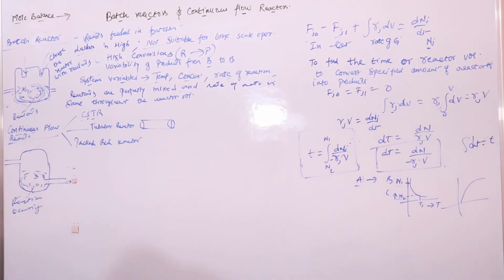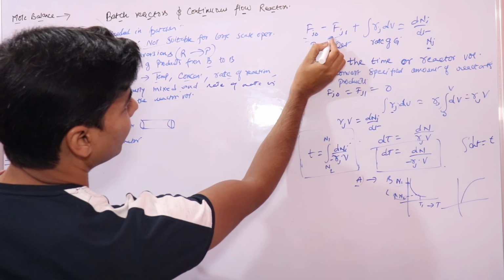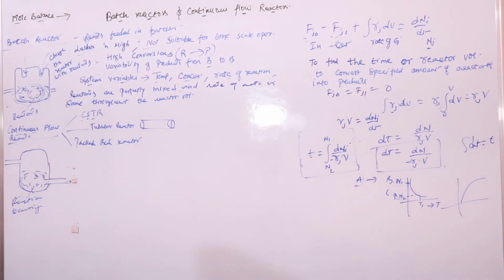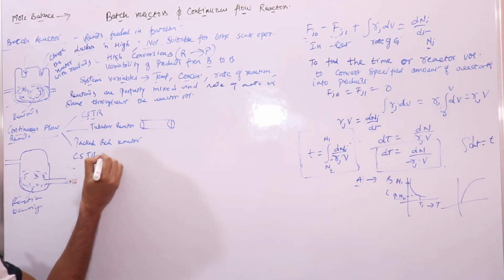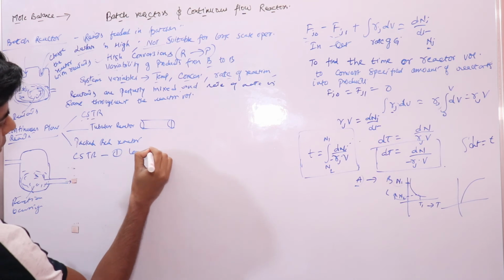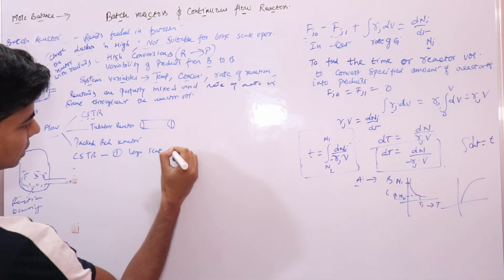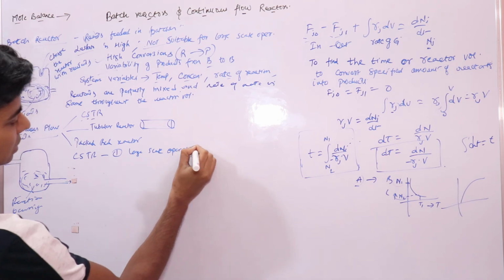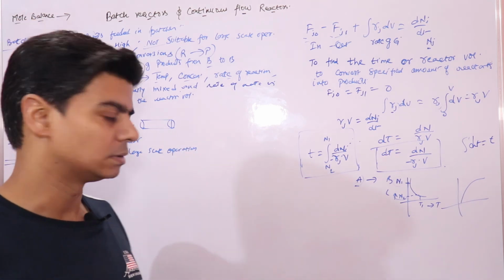While the chemical reaction takes place, a stream of reactant flows into this tank and a stream of product comes out of this reactor. So you have the values of Fj0 and Fj1, the molar flow rates. This CSTR is first of all used for large scale operations, that is, for large scale industrial production.